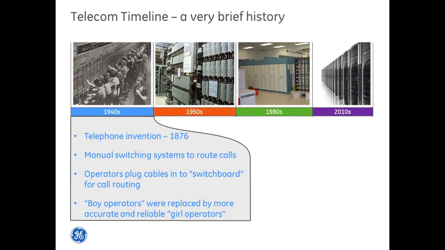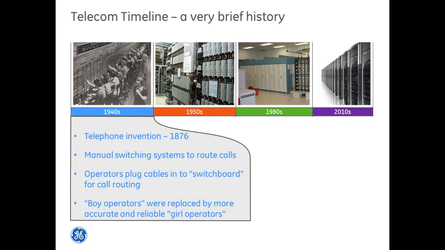Taking a look back at a very brief timeline of the telephone in particular. The telephone invention is usually credited to Alexander Graham Bell, who was granted a patent for his work in 1876. So this is usually seen as the invention of the telephone date.